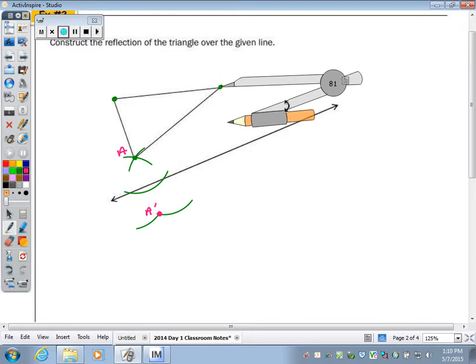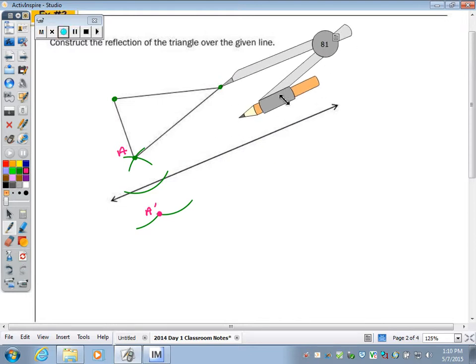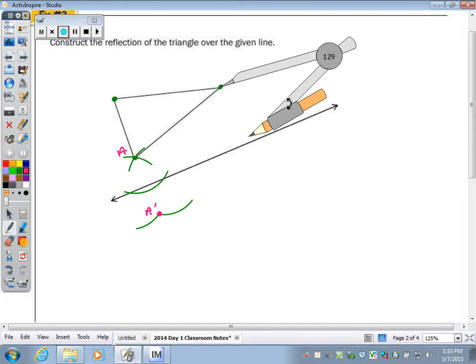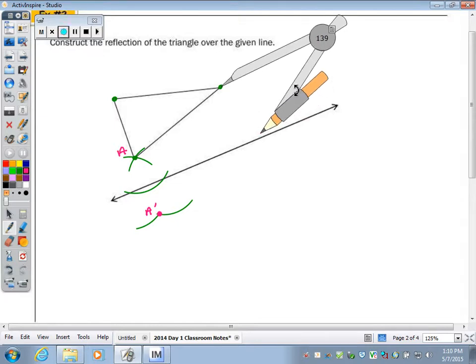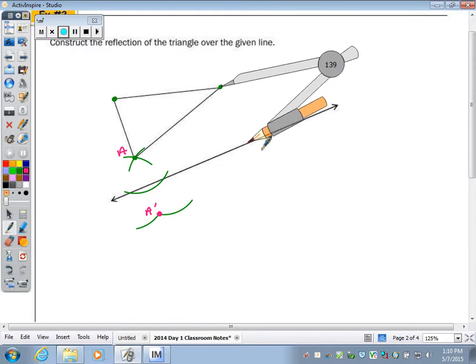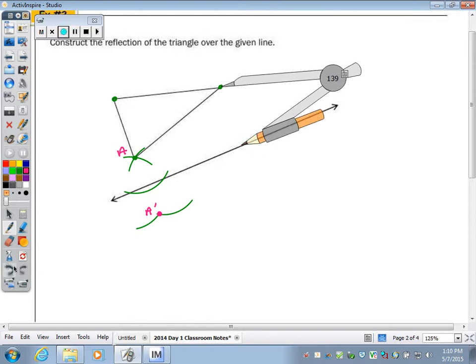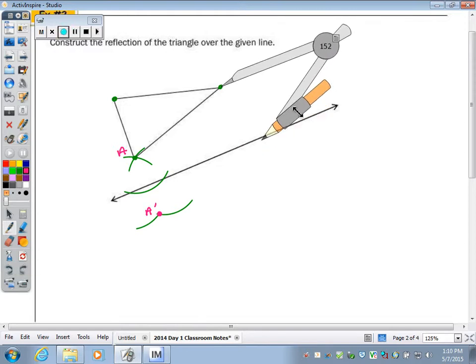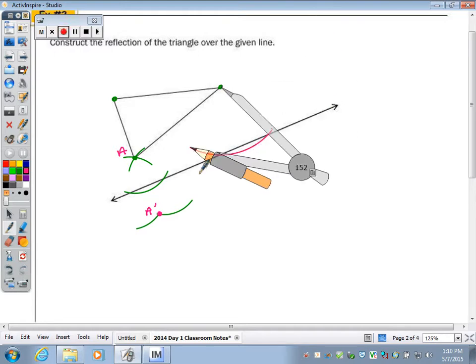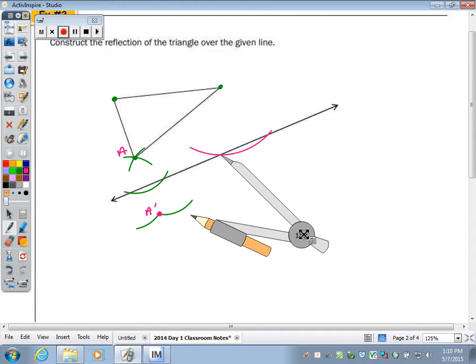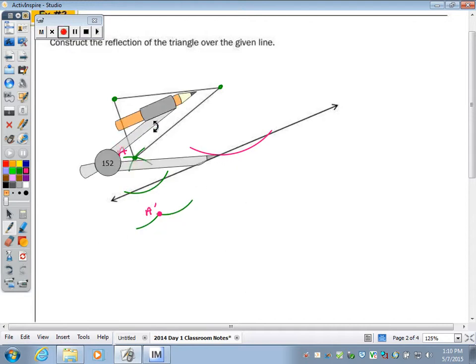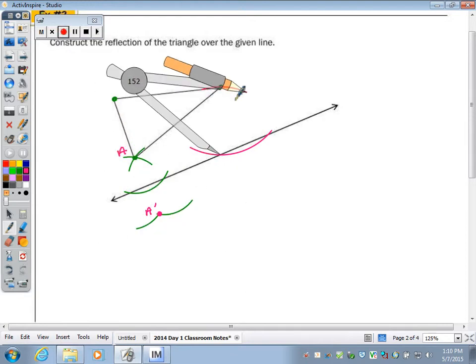So again, I'm going to open it up, and again, I want the arc to intersect the line. Again, you should be able to keep the compass setting the same, put it on one of your points of intersection, make the X above and below.